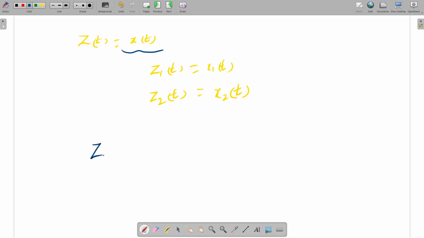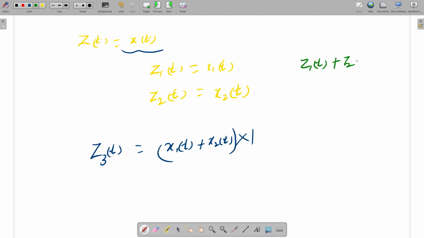So z3(t) will be x1(t) + x2(t) into 1. So z1(t) + z2(t) is equal to z3(t). So this system will be linear. Is it clear to all?